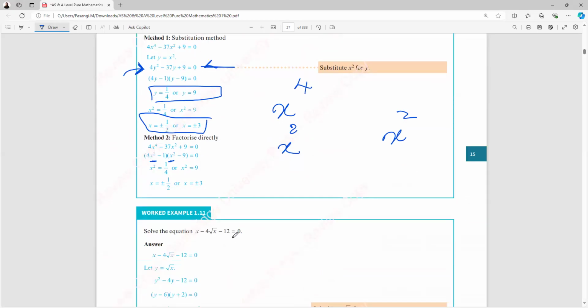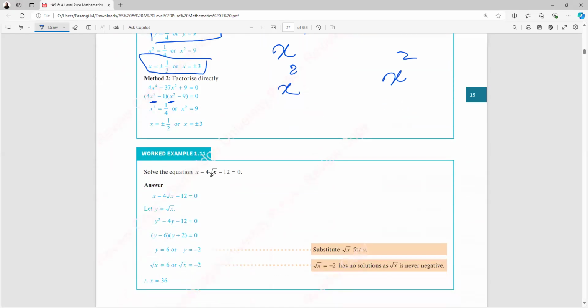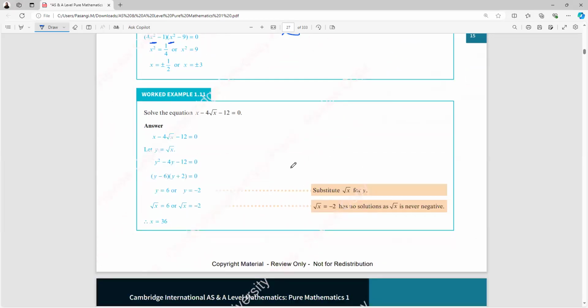What about the square root thing? Now in the middle we have a square root x. So again, what you can do is make a substitution.